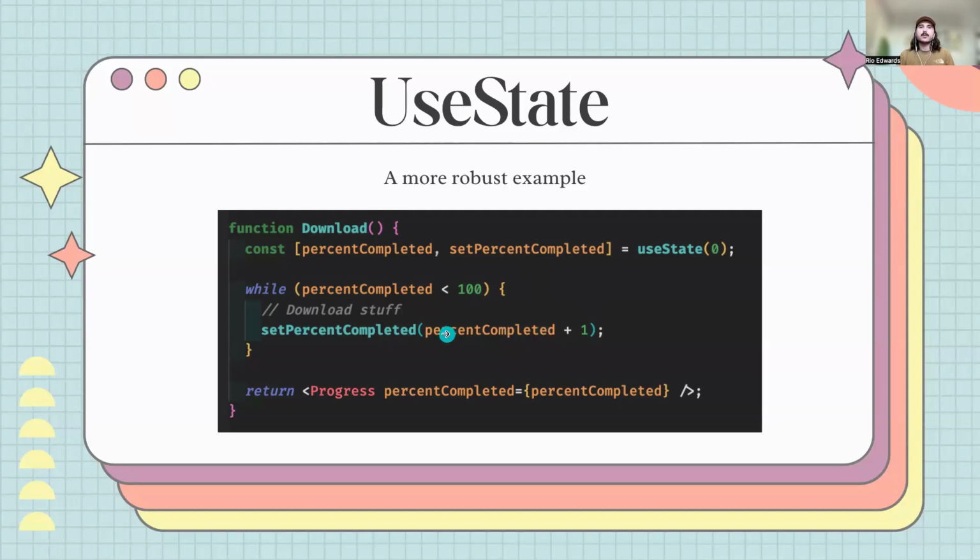It might say percent completed plus 1 equals 1. I'd have to test that out, because sometimes it'll let you add things that are different types. But it's possible that that could error out. So if it's going to be a number, then pass in 0, if that's what you want your initial state to be. It's not required, but it's best practices for sure.